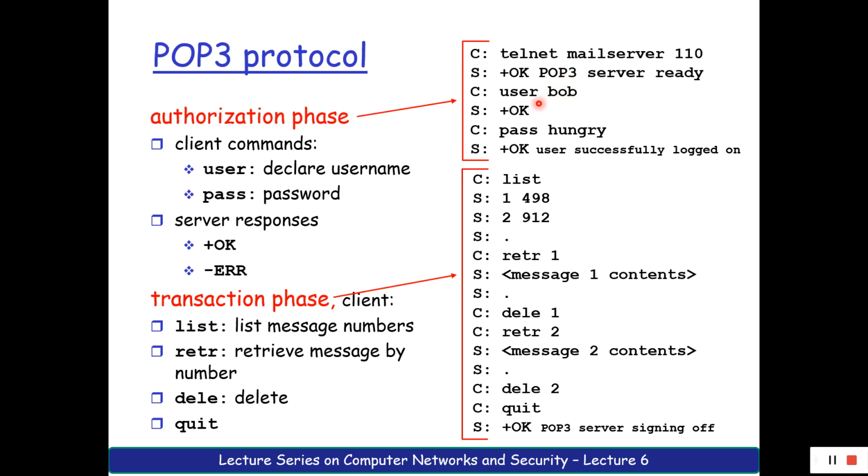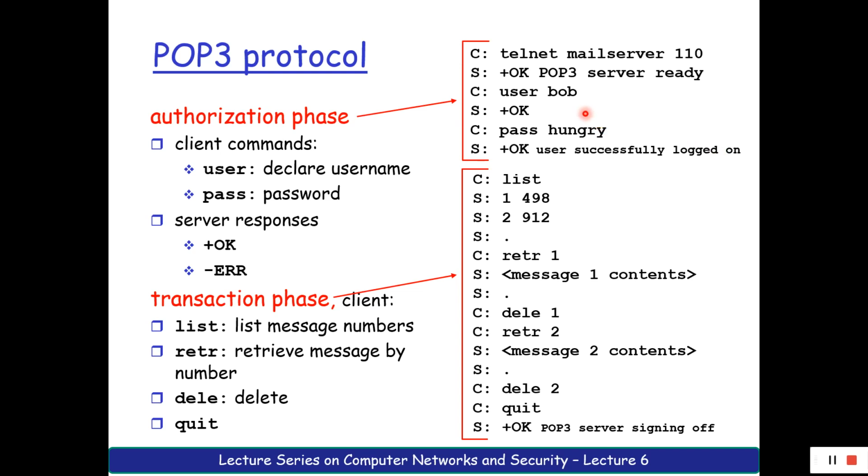That's why the server replies OK. The moment the server responds to your client with OK, the client will send the password. And what is the password? Hungry is the password. The moment the client sends the password as hungry to the server and the server receives that, it will tell you OK, user successfully logged on. So this is what is happening in your Gmail also.